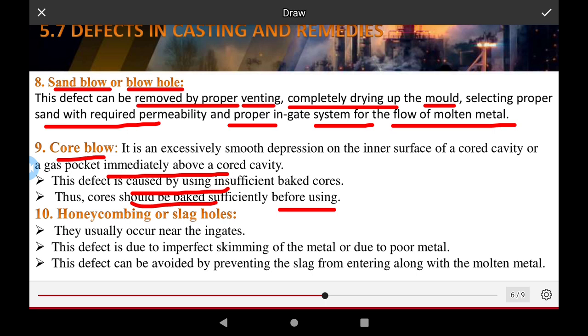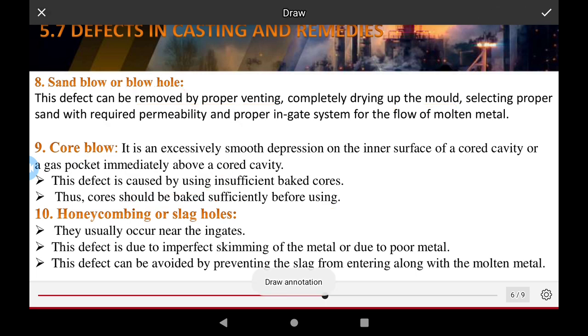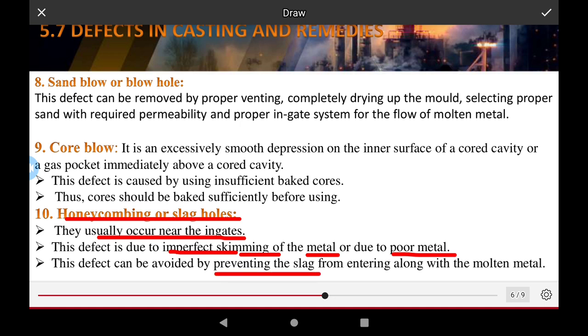Honeycomb or slag holes usually occur near the ingate. The defect is due to the improper cutting of the metal. The defect can be avoided by preventing the slag from entering along with the molten metal.